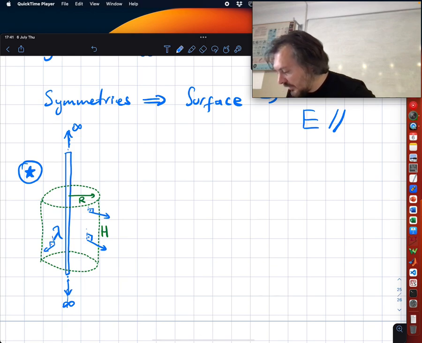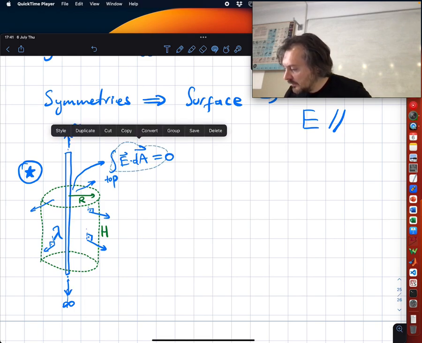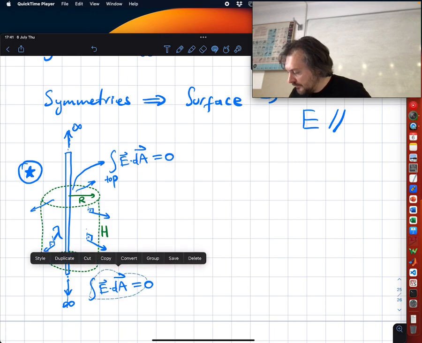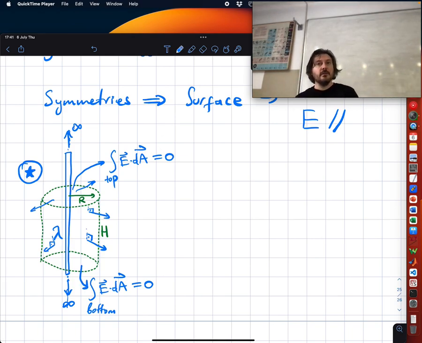Even when they are not going perpendicularly, they are going parallel. So we are going to have zero contribution from here. Integral of E dot dA at the top will be 0. The same integral at the bottom will be 0. Do you understand this? Yes. Parallel right on top of this surface.